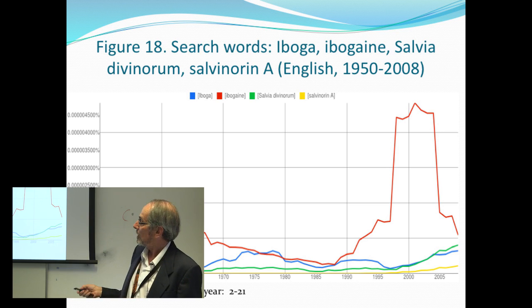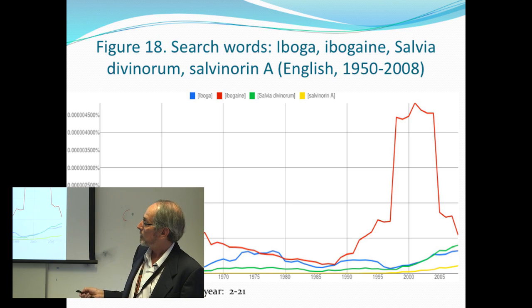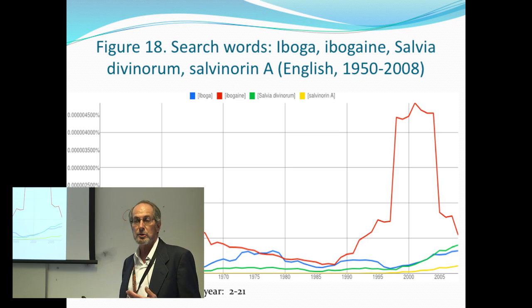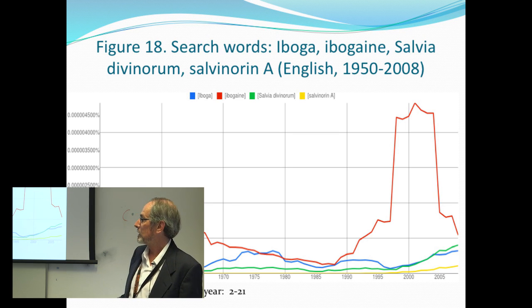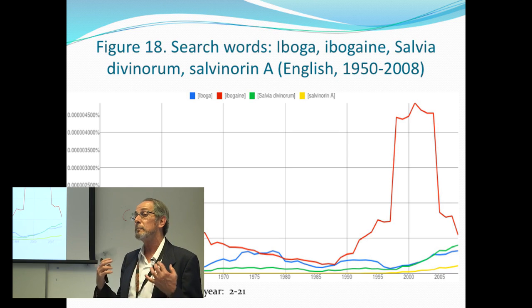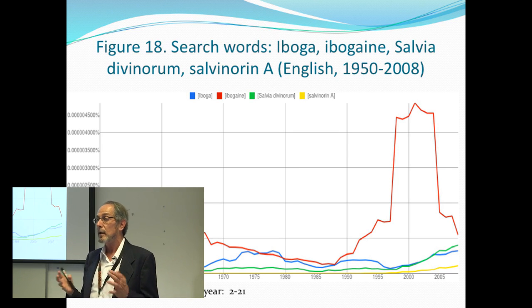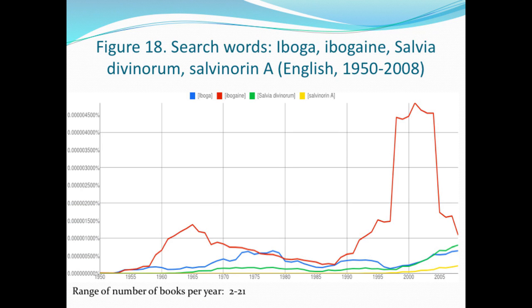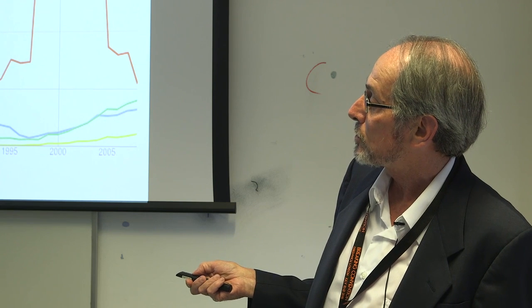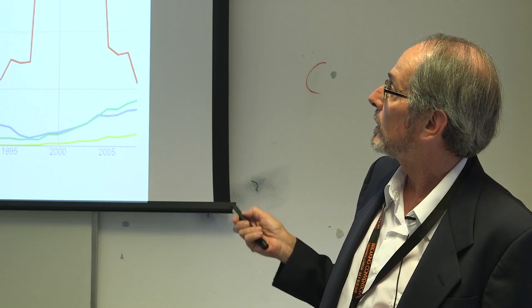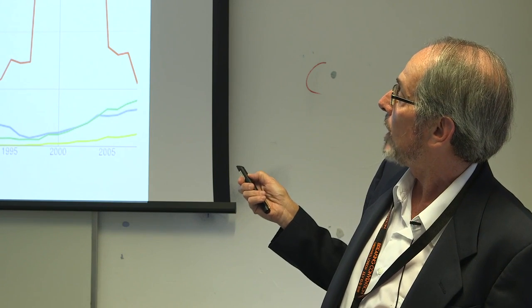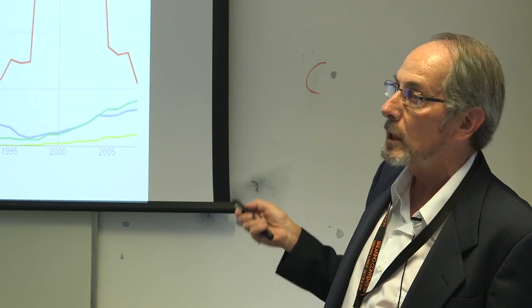There also is, ibogaine was very popular back in the 60s, in some of the Beat Generation and some of the other countercultural works that were identified. But they had to be fairly popular countercultural works. And that's going to be a point I'll have at the end. So by the way, these represent between about 2 to 21 books per year. So this one right here is about, in 2000, 21 books had mention of ibogaine in them.